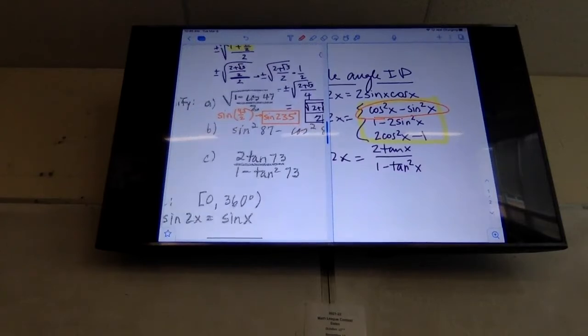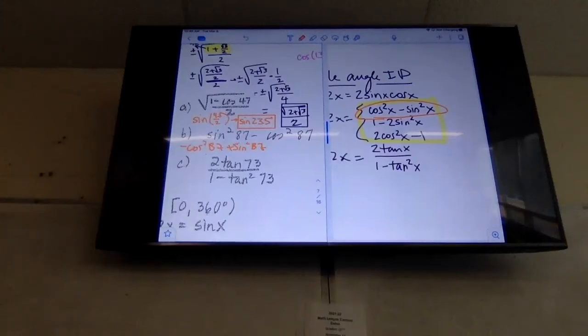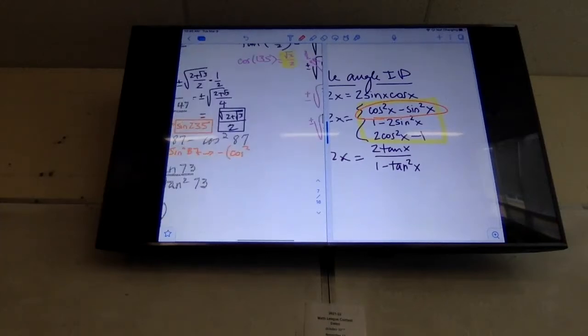So technically, this is negative cosine squared of 87 plus sine squared of 87. And when I factor a negative out of both of them, I get negative times cosine squared 87 minus sine squared 87. And that looks like my cosine.